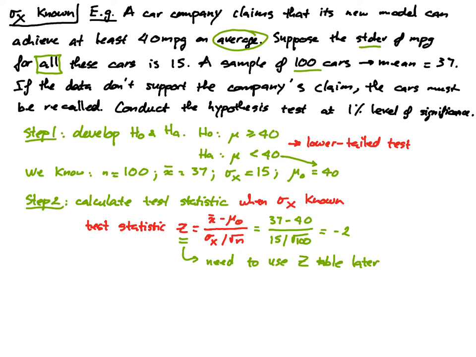Okay, so let's move on to the next step. In step 3, we want to formulate the decision rule. Now there are two ways to proceed at this point. We can either use the p-value approach or we can use the critical value approach. In this video, I'll show you how to do the test using the p-value approach, and then in another video, I'll show you how to do the test using the critical value approach.